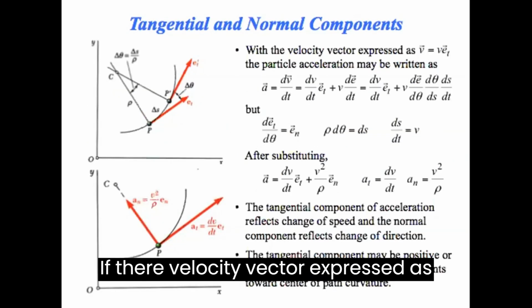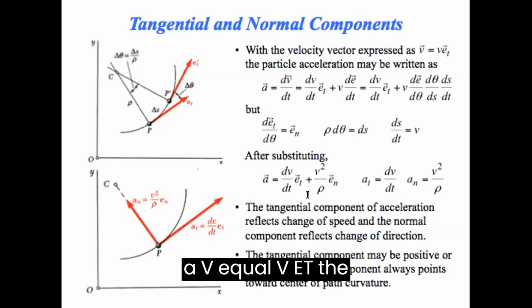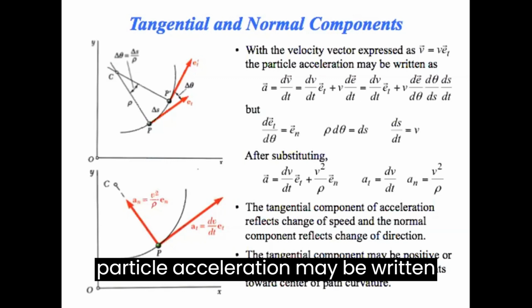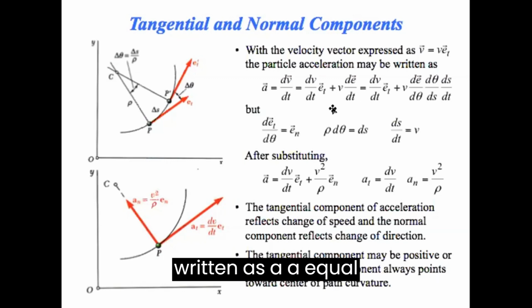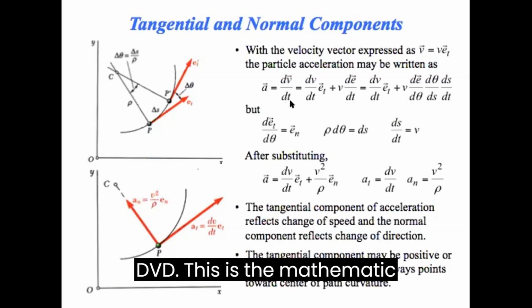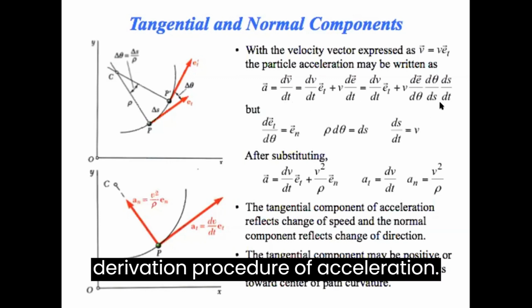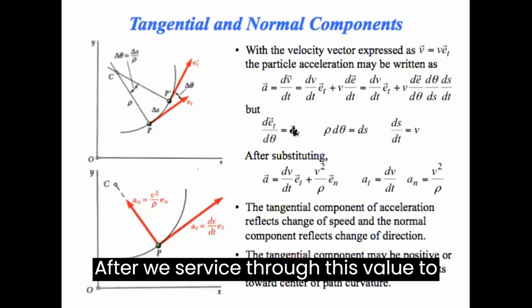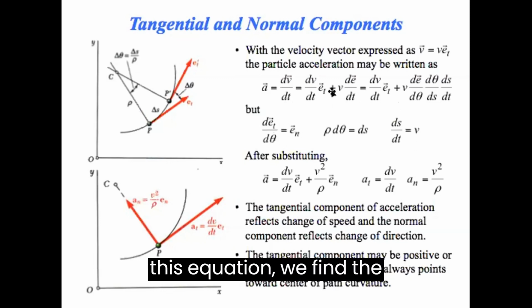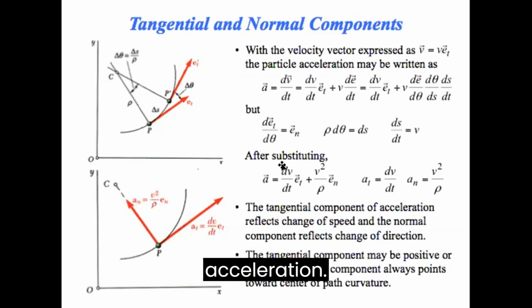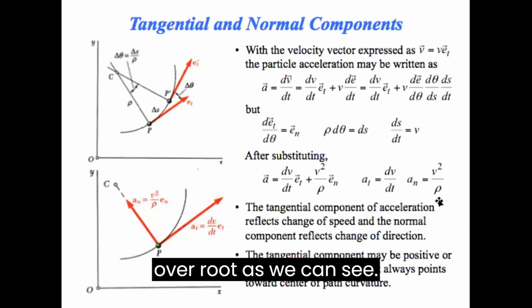If the velocity vector is expressed as v equals v ET, the particle acceleration may be written as a equals dv/dt. This is the mathematical derivation procedure of acceleration. After we substitute this value into this equation, we find the acceleration: AT equals dv/dt and AN equals v squared over rho.